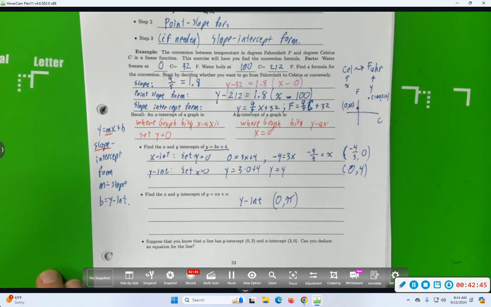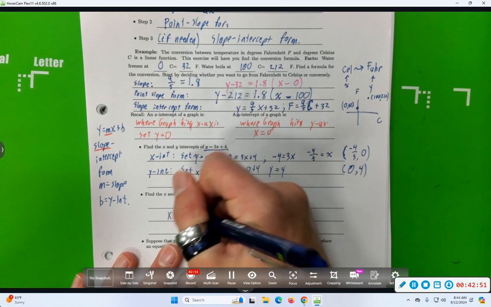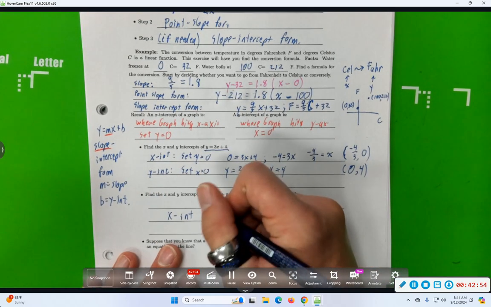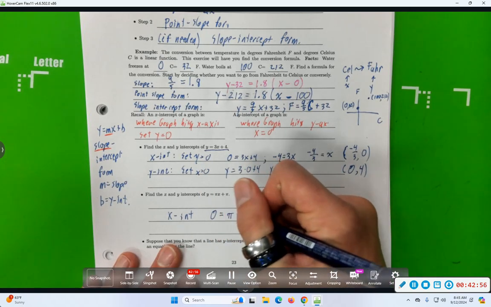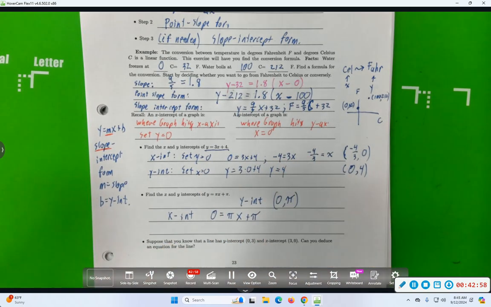Should we find the x-intercept? All right. To find the x-intercept, let's set y equal to 0. All right, that looks like an equation we can solve for x. What do we do?